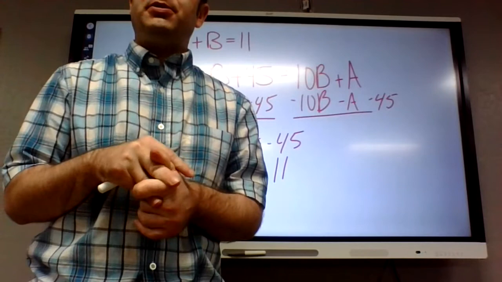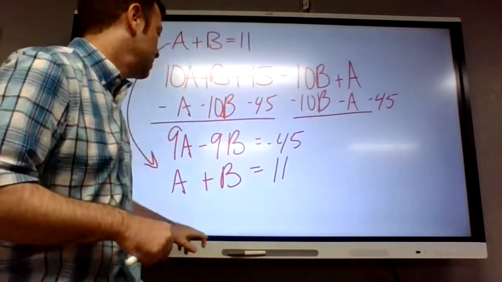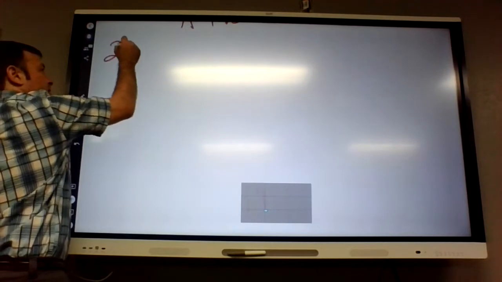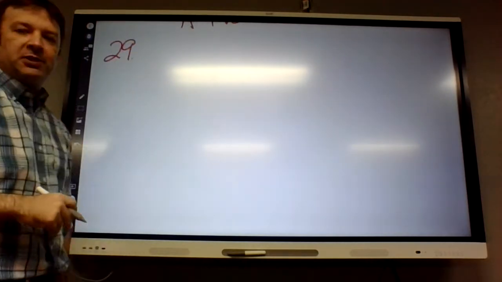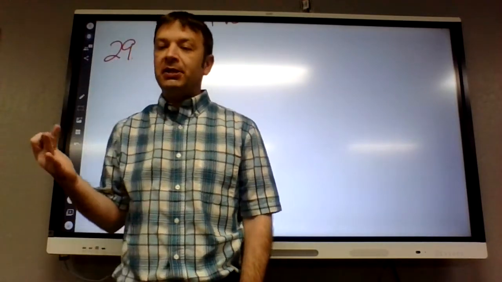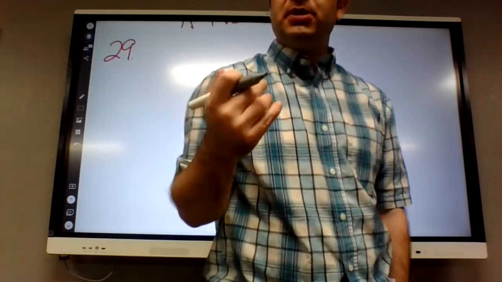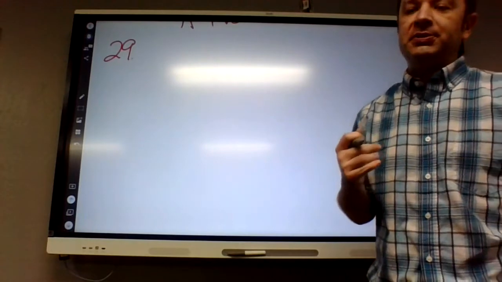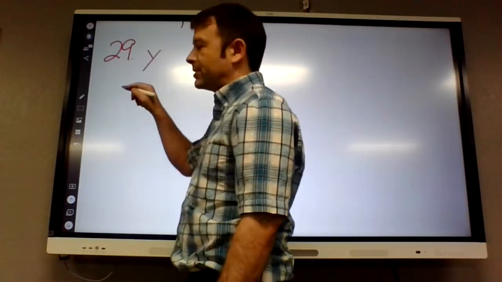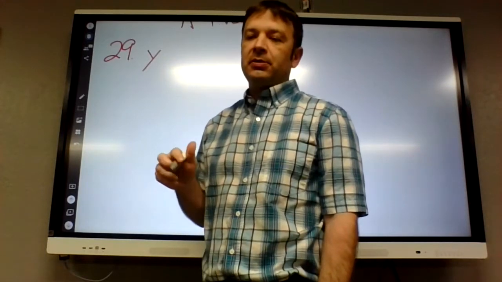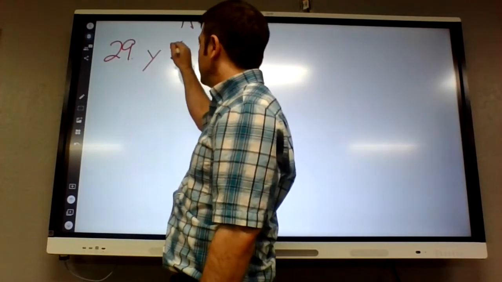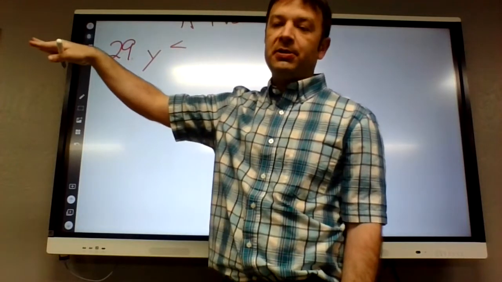How do we write an equation of a line? Y equals mx plus b, right? But in this case, instead of y equals, it's greater than or less than, because of the shading. So on the solid line, we should start with the inequality. It's less than, because it's shaded underneath.